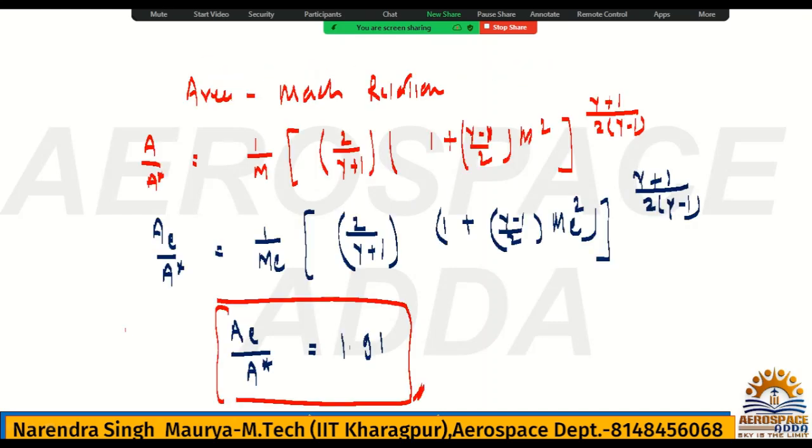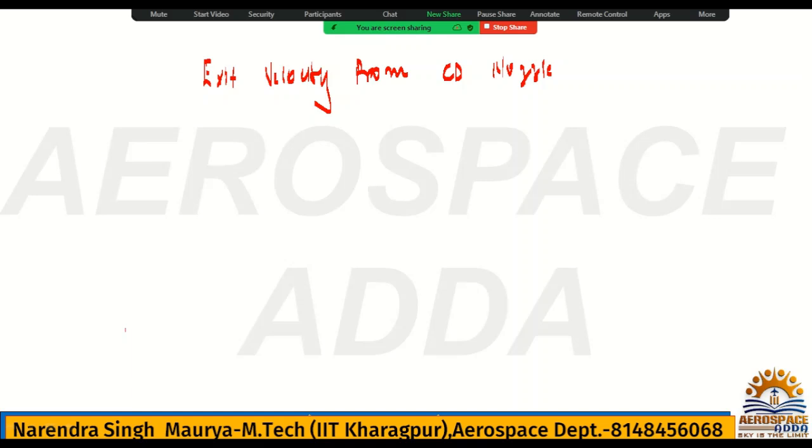Check: we have the exit area and throat area ratio, so one way we can calculate exit area, another way we can calculate throat area. I think we should do both and check the result. So how to get the exit velocity from a CD nozzle?